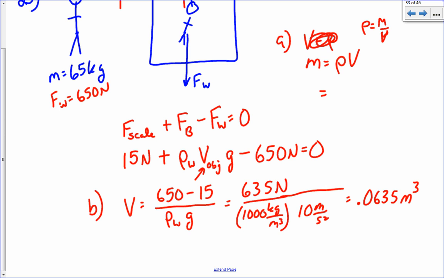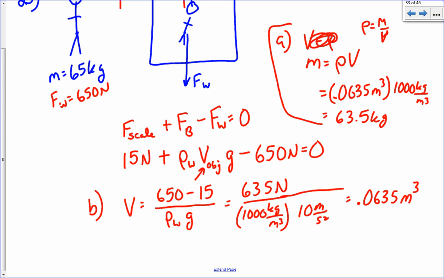And so my volume is 0.0635 cubic meters, my density is 1,000. And so that gives me 63.5 kilograms. That's part A. This is part B.